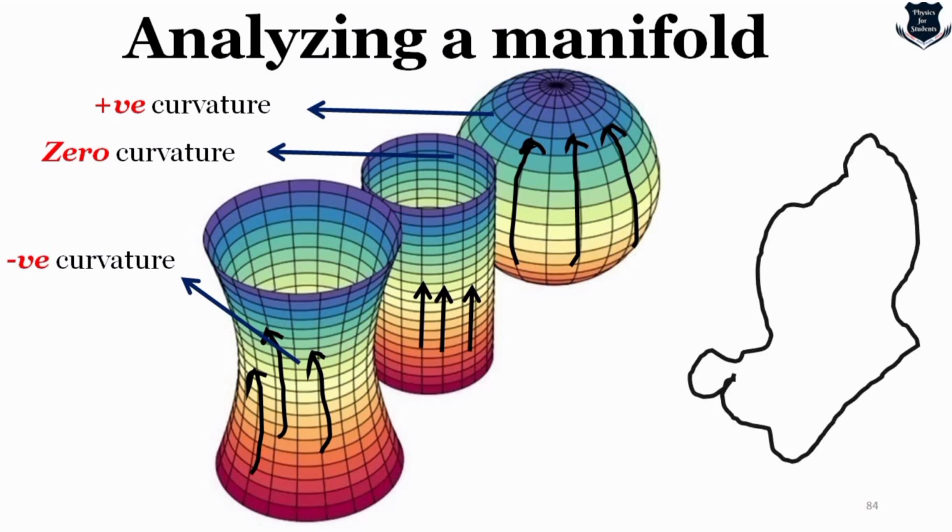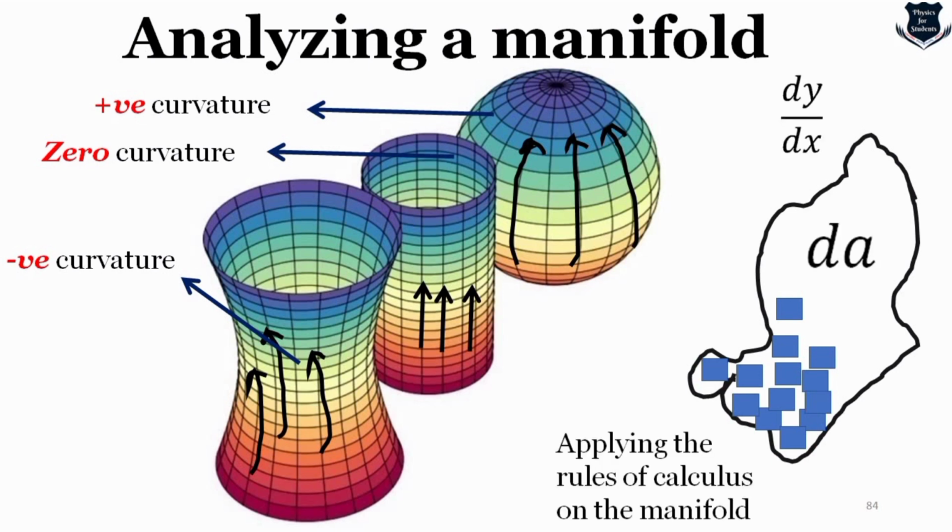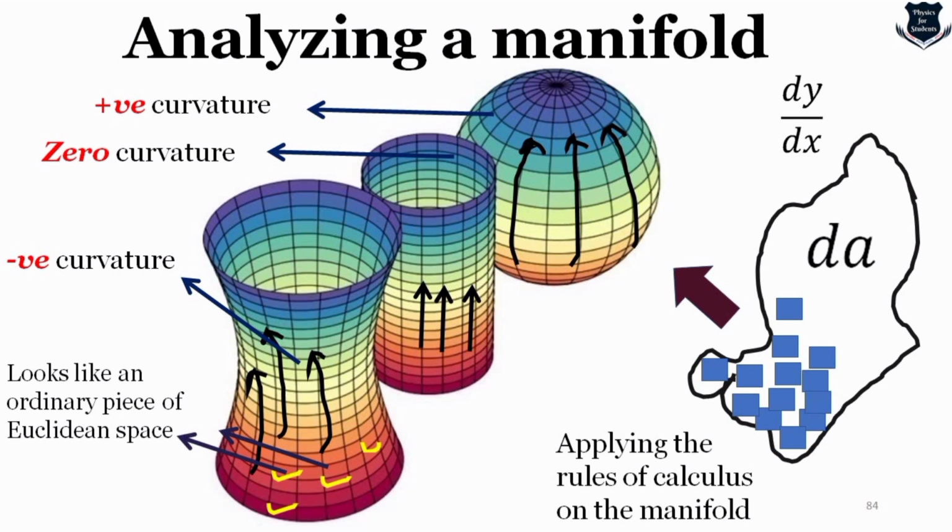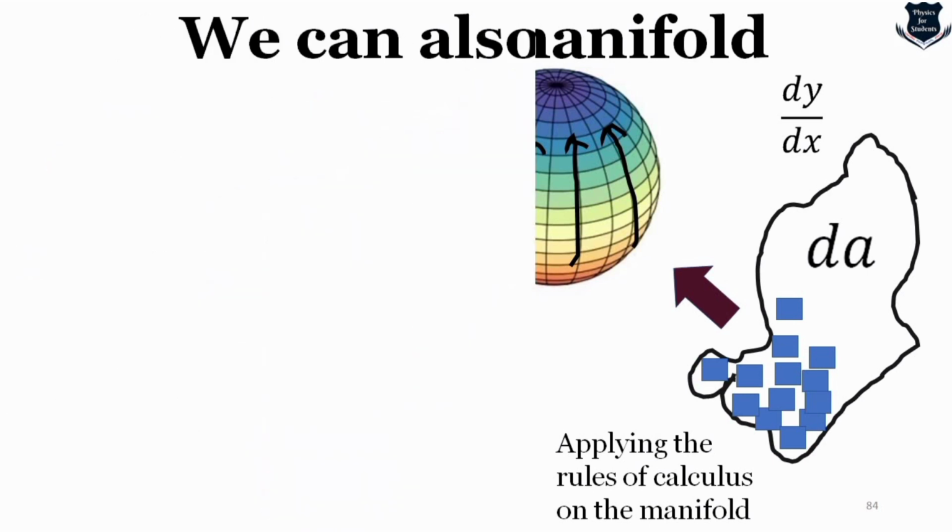So we take a kind of surface and we break it into further small pieces. We use differential calculus and we can apply calculus on the manifold. This is the reason we call it a differentiable manifold, applying the rules of calculus. That is how we analyze a manifold. So we take the manifold part, we further subdivide it using calculus, and it locally looks like Euclidean.